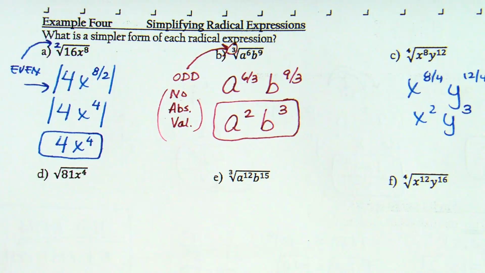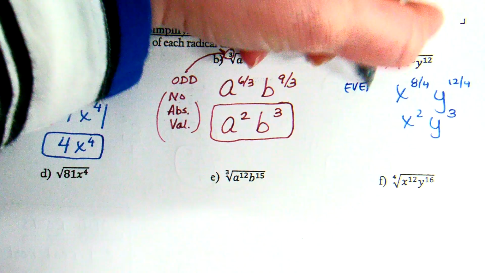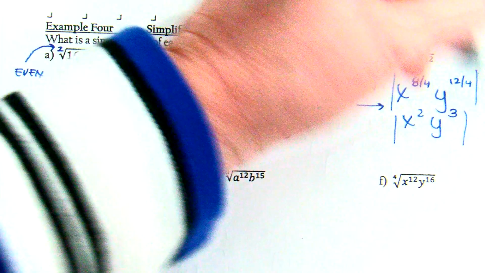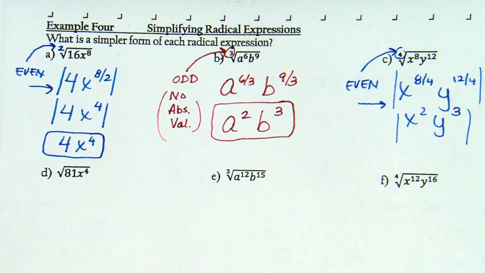Do I need to consider absolute value? Just because it's an even number. It was a fourth root, yeah, that's even, and hopefully we all recognize 4 is even. So that means I need to consider absolute value. So for notes purposes, I'm putting the absolute value on there to make you think about it, whether we end up with any in the final answer or not, I don't know. The absolute value bars are, if anything could possibly end up negative, it will prevent it from ending up negative.